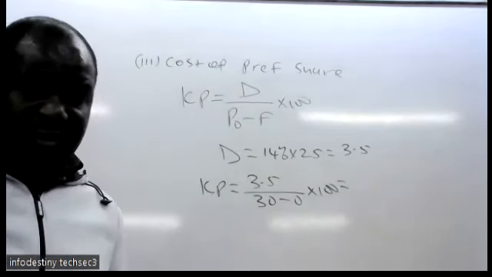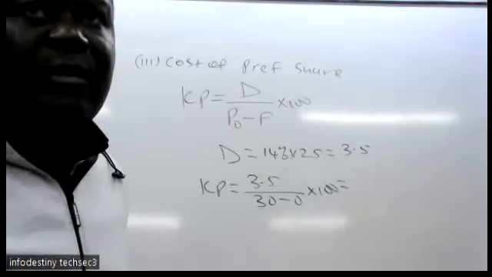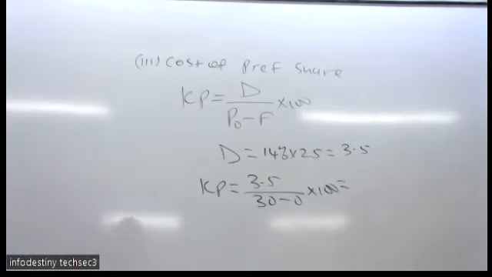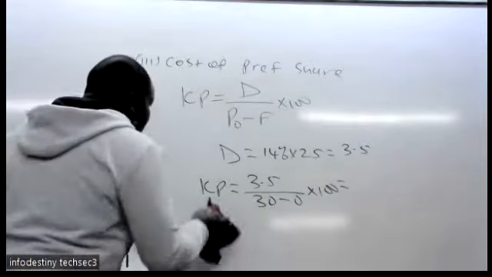Finally, now we go to number 4, where we compute the firm's weighted average cost of capital.